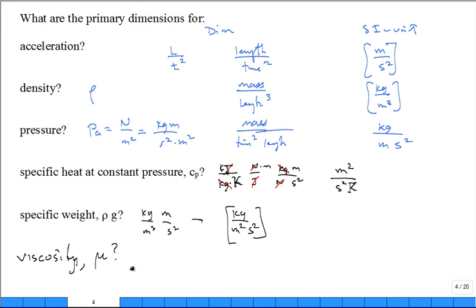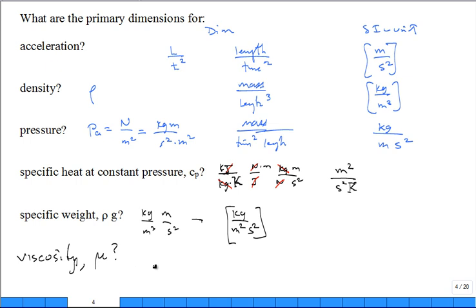And then the viscosity. Did anybody do viscosity? I did it, but I don't know if it's right or not. Okay, what is it? 1 over rho? No, got to think. You can go back to an equation you remember viscosity is used in. What equation was viscosity used in? Newton's law of viscosity.